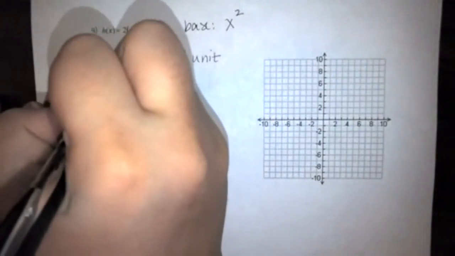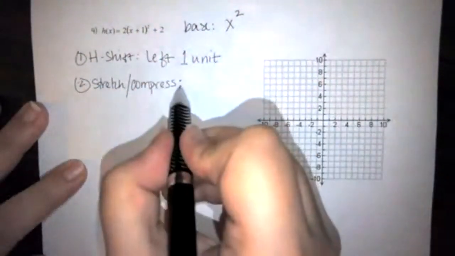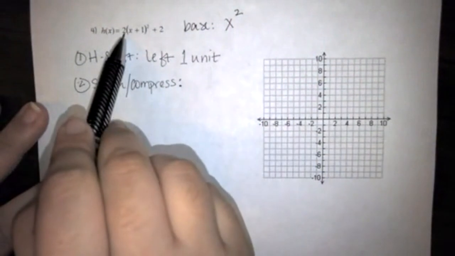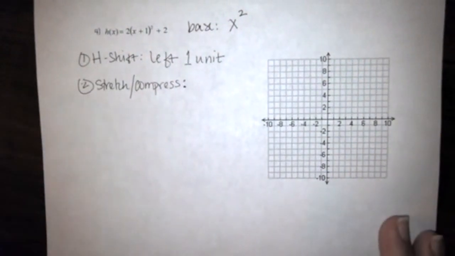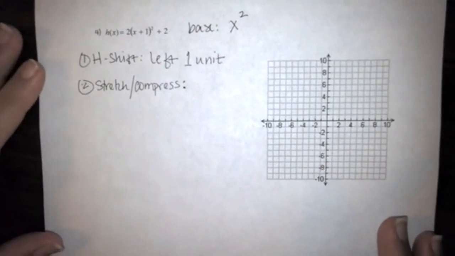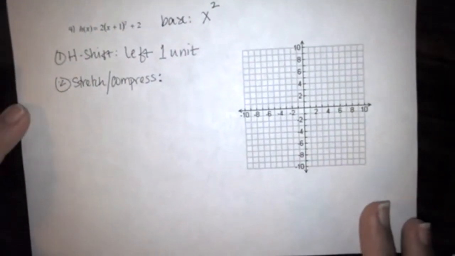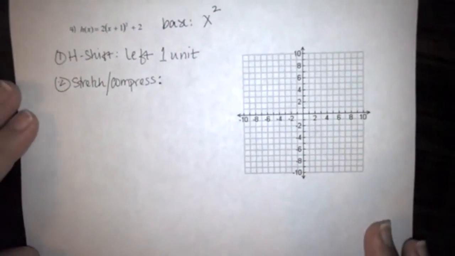Second thing I need to look at is stretch or compress. So that is multiplying by a constant. In this case, my constant is on the outside. Remember, outside means that it is an external translation. External translations are vertical.